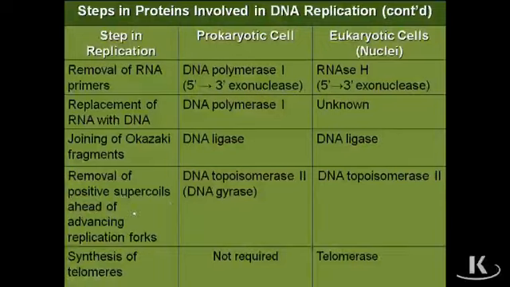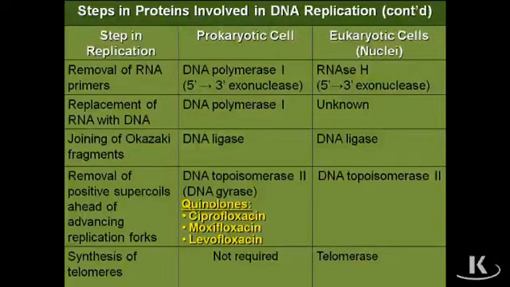I want you to focus some attention down here, because removal of positive supercoils ahead of the advancing replication fork is an important mechanism. Why is it important? Because if you block that mechanism, you can kill off the bacteria. How do I mean? Well, your fluoroquinolones that you're very familiar with. These would be ciprofloxacin, moxifloxacin, levofloxacin, gadafloxacin.